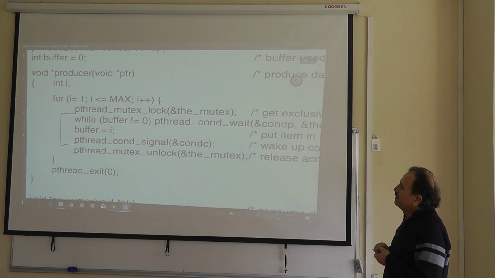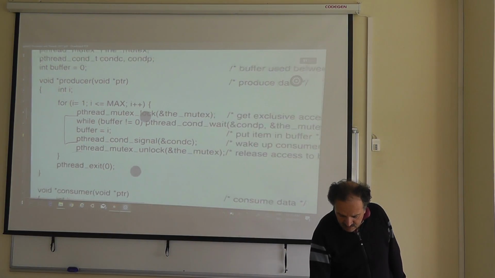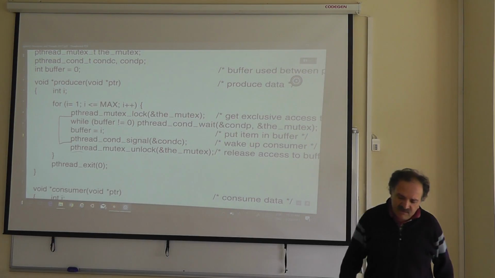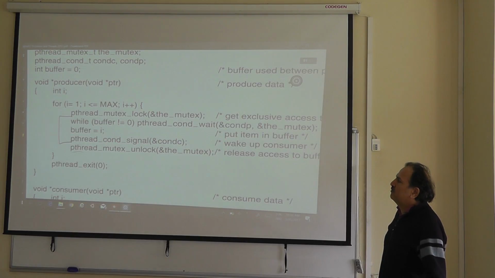This producer consumer doesn't use any array kind of buffer, it just uses a single buffer. It says that if the buffer is not 0, what does it mean if the buffer is not 0? I produce a number and I put that number into the buffer.